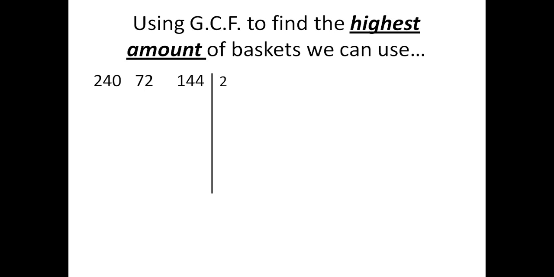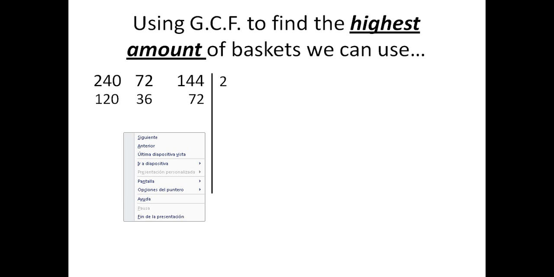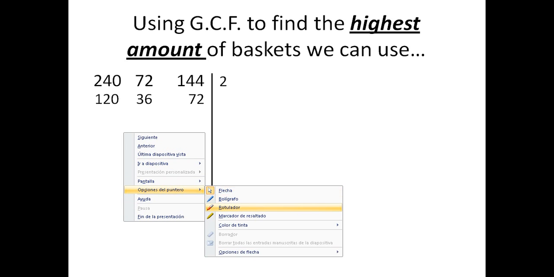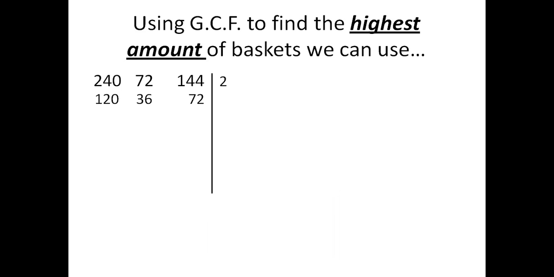So we can begin with this prime number. Doing that division, we have 120, 36, and 72. Now, I want you to notice something important. The three numbers now are divisible by 2 again, so we can continue using number 2.